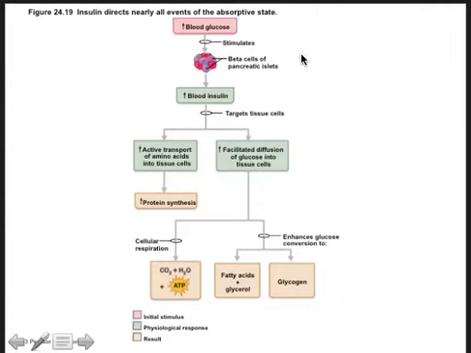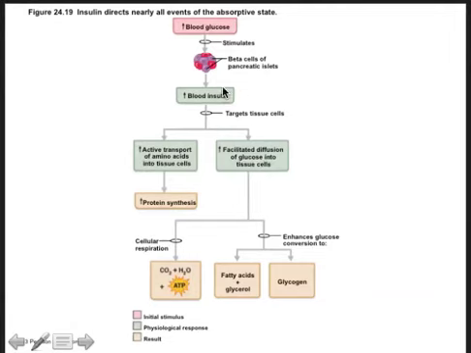So here we see the absorptive state. In the absorptive state, what is happening? Well, we're absorbing nutrients across the wall of the small intestine. Among those nutrients is glucose. The elevated blood glucose stimulates the beta cells to crank out insulin from the pancreas. Okay, this is the endocrine pancreatic function.